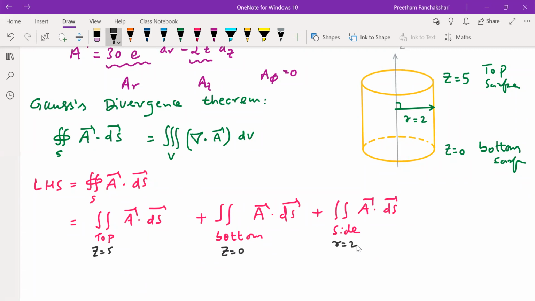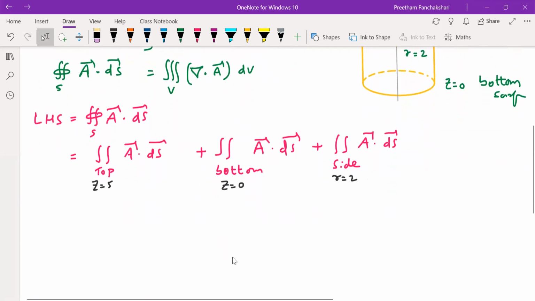So R equal to 2 defines the cylindrical surface, Z equal to 0 defines a circular bottom surface, and Z equal to 5 defines a circular top surface. All three put together form a closed surface. After this, we should write the equations for differential surface elements over all three surfaces.